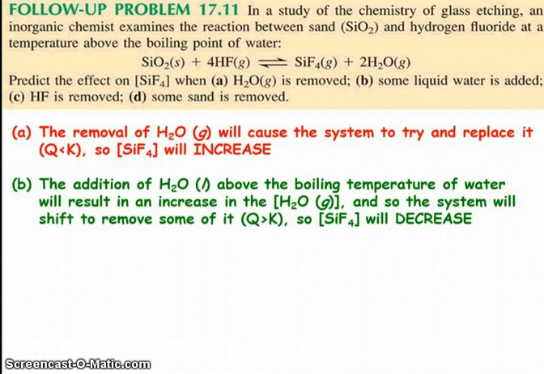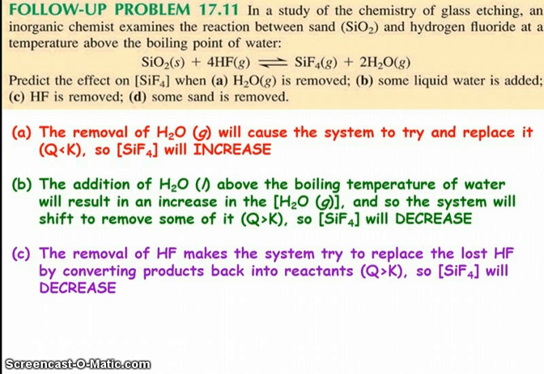The system wants to reduce that stress by moving back to the left. And so if I add extra water, I'm going to produce more silicon dioxide and more HF, and that's going to consume some of my SiF4. So essentially we've made Q too big by adding water, and so SiF4 will have to react with that extra water and decrease its concentration to relieve the stress in the system.